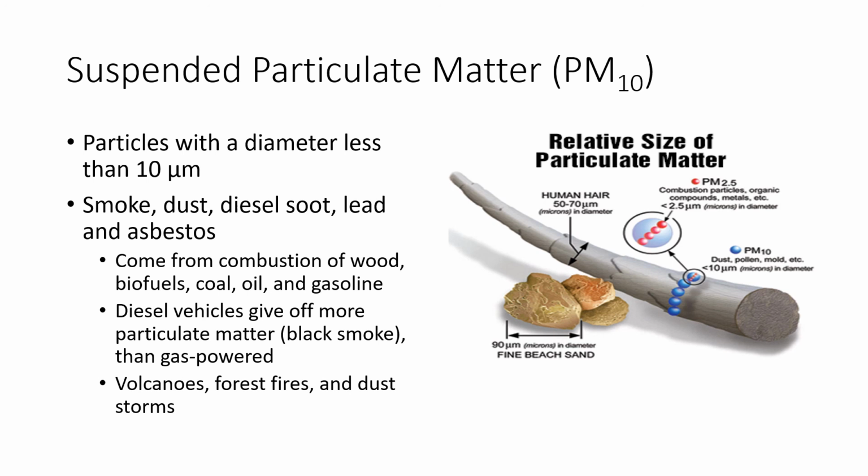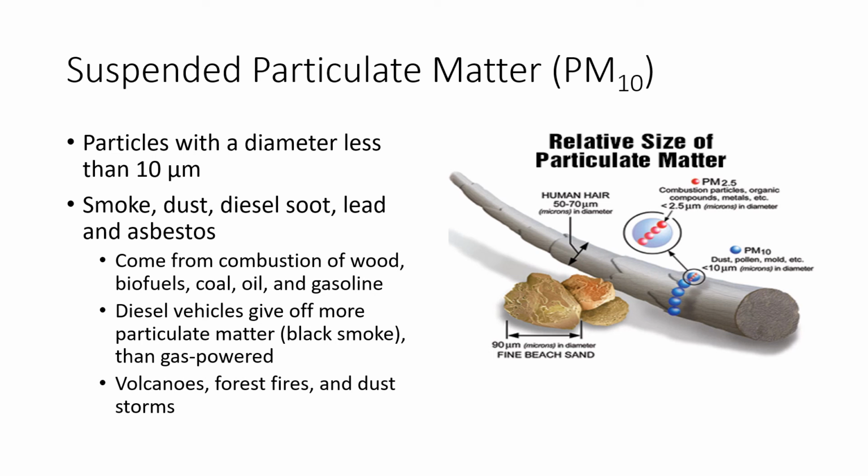PM10 is where you really start getting some issues, and the 10 means micrometers. This could be smoke, dust, diesel soot, lead, asbestos, really anything that is airborne, as long as it's a small particulate matter.